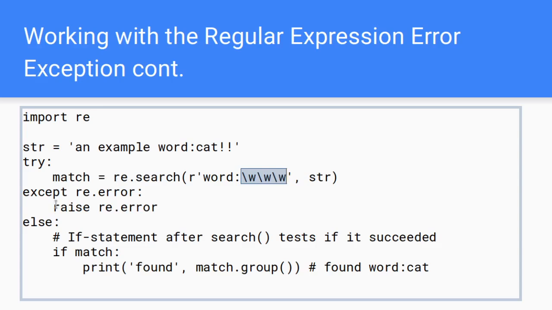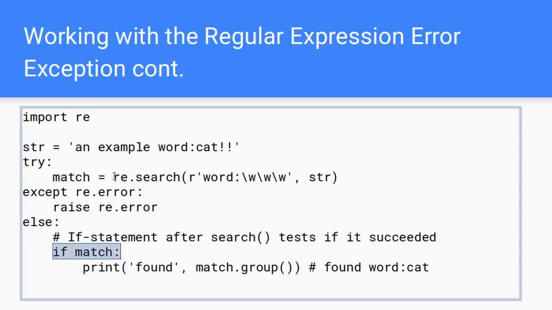If we get an error, we can raise the error to re-raise it and then make sure we capture it. We could massage it if we wanted to, or else we check if we got a match, because maybe it's not an error, but it just didn't match.